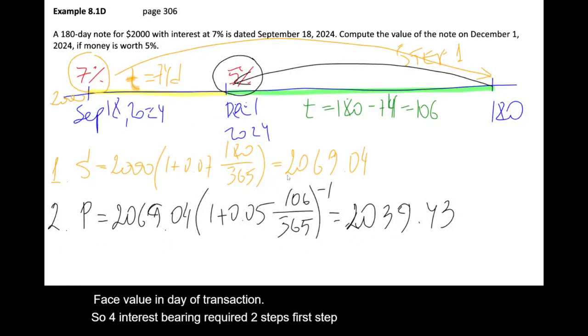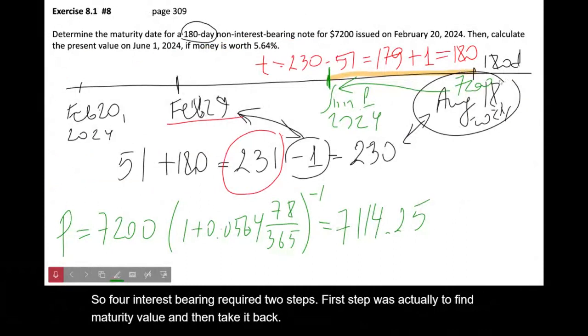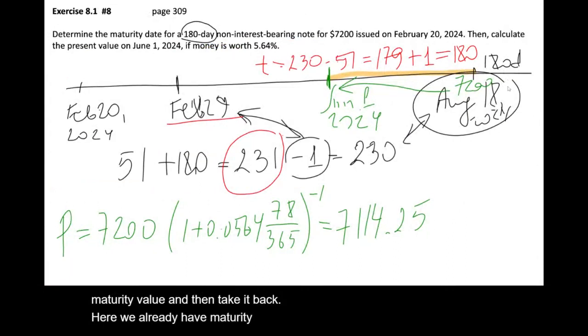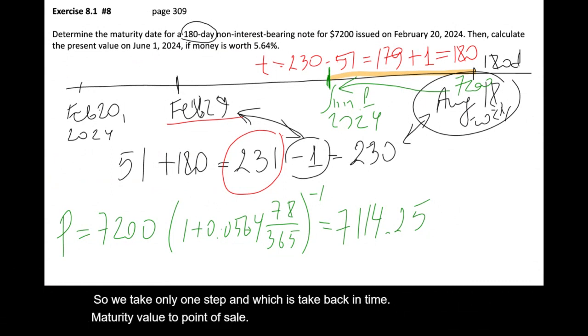First step was actually to find maturity value and then take it back. Here we already have maturity value, so there is no need for step one because the answer is here. Face value is maturity value, right? So we take only one step, and which is take back in time maturity value to point of sale. Understood, guys?